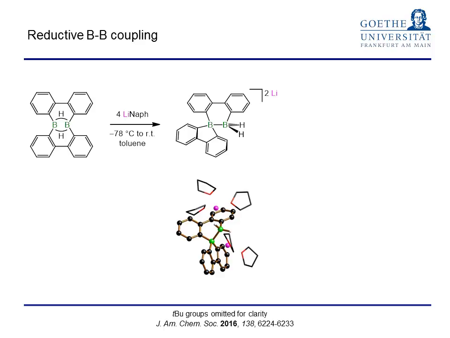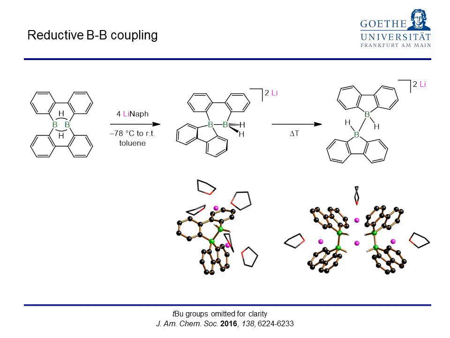When 4 equivalents of reducing agent are employed instead of 2 equivalents, the singly rearranged product becomes the dominant species. It was shown that the doubly rearranged product forms preferentially in apolar solvents and at elevated temperatures.